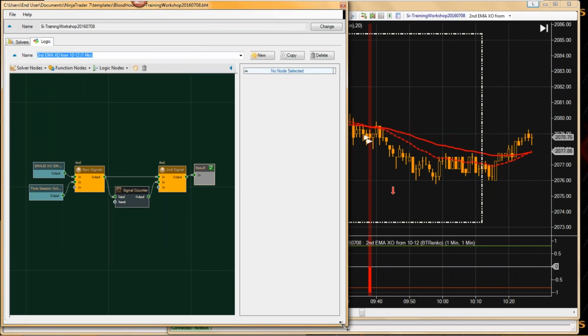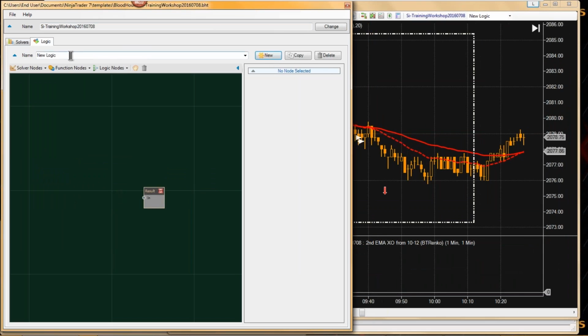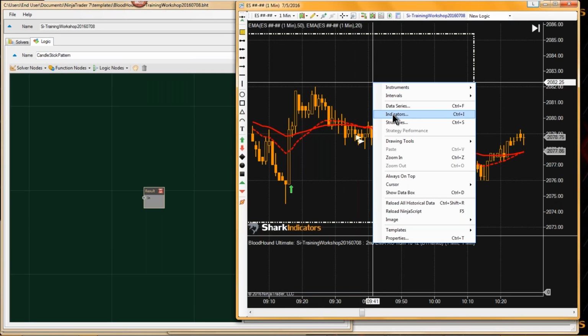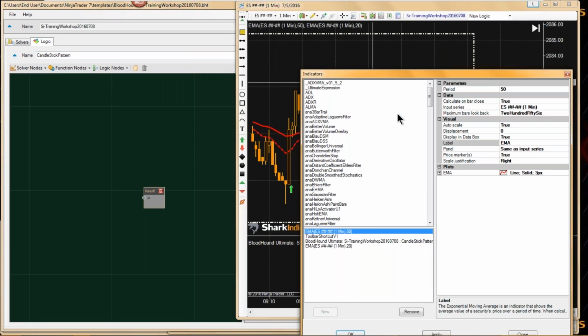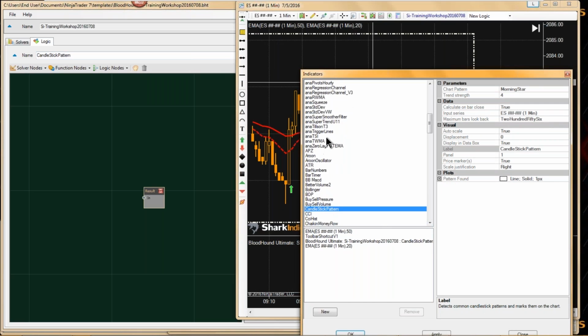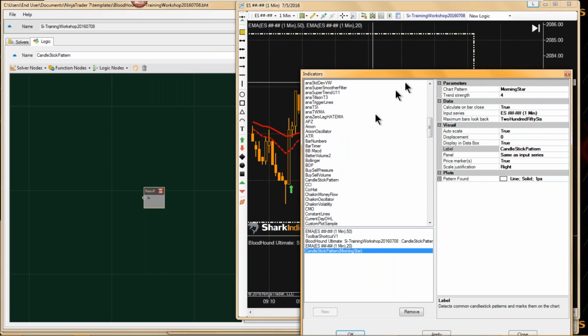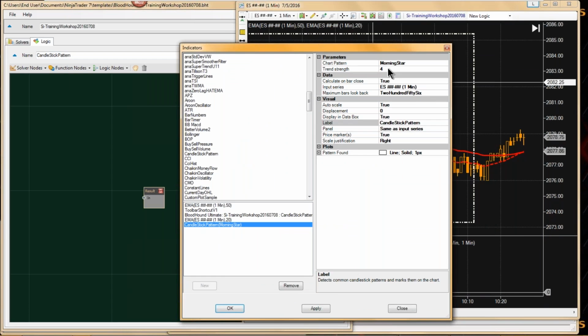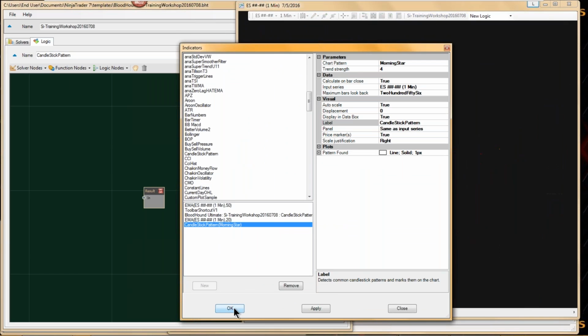Let's open this up and hit new. You guys know that NinjaTrader has a candlestick pattern indicator, right? So let's put that on the chart. We'll just use a morning star.